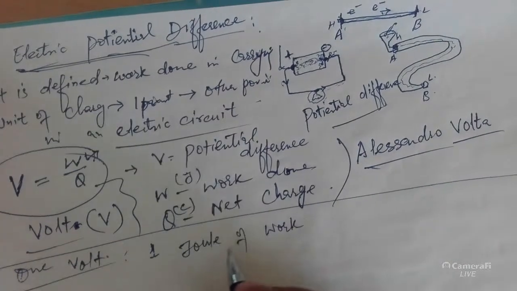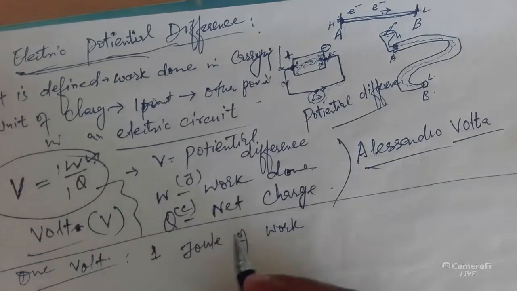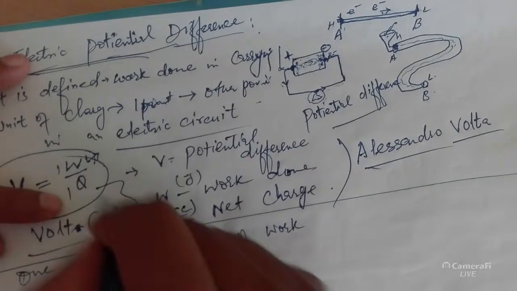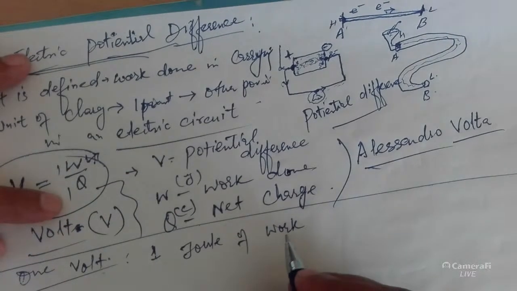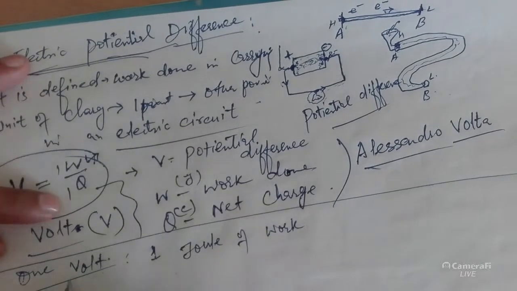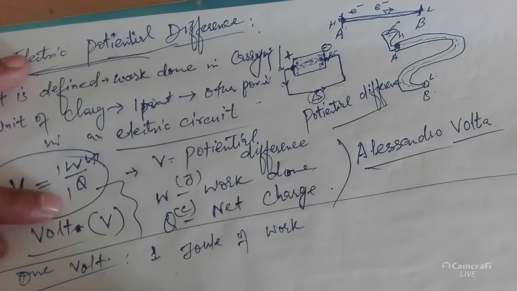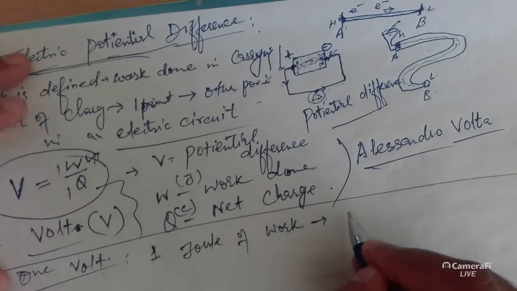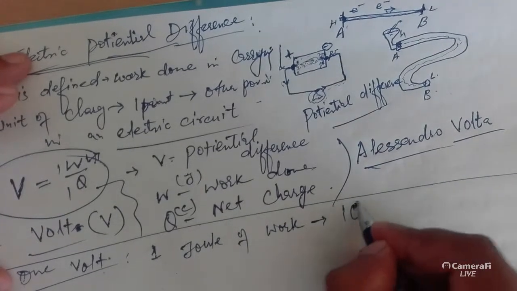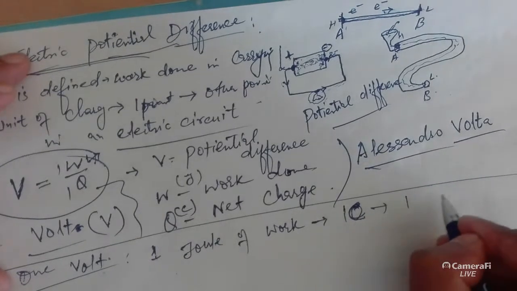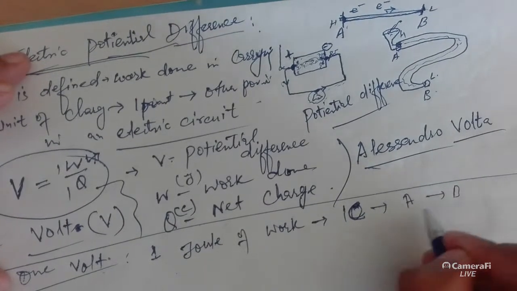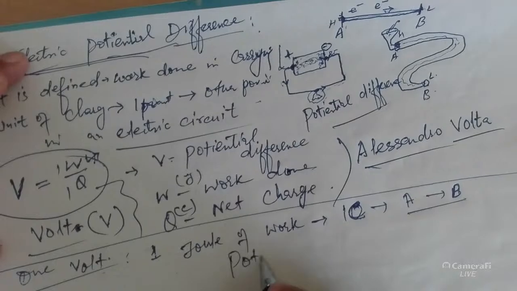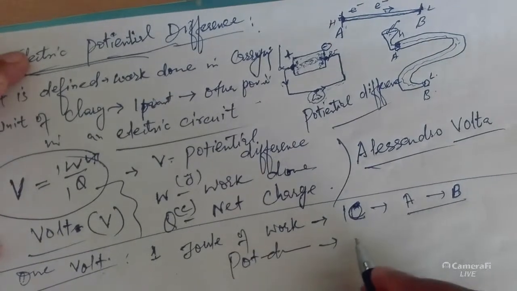So 1 volt means when 1 joule of work is done in carrying one coulomb of charge from one point to another point of a current carrying conductor, at that time we can say that the potential difference is equal to 1 volt. So 1 joule of work is required to carry one coulomb of charge from point A to point B in an electric circuit.